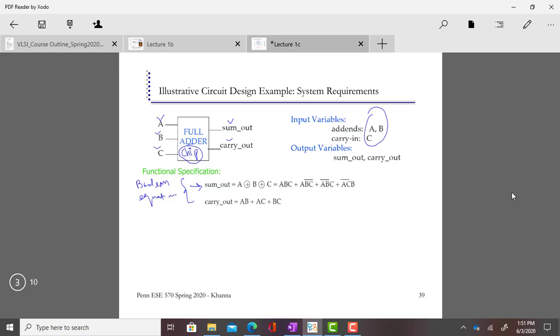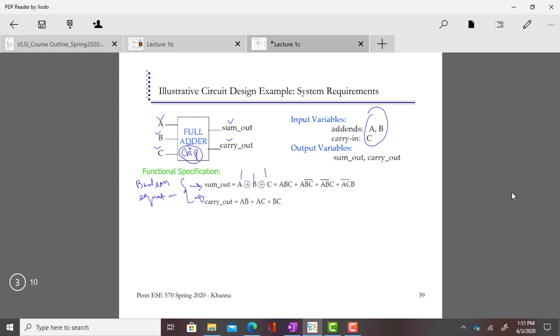Later in the course, we will see how. But this is the functional specification. You see, sum is A XOR B XOR C, and carry out is equal to AB or AC or BC.